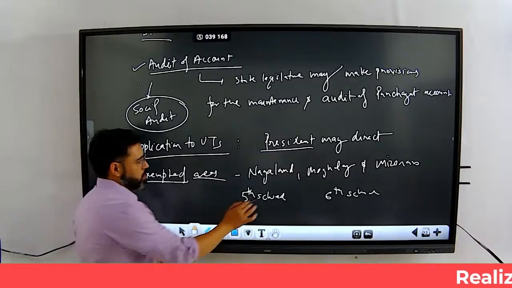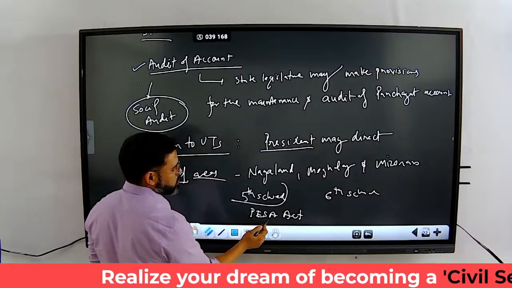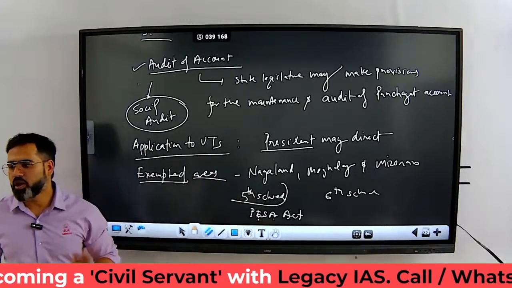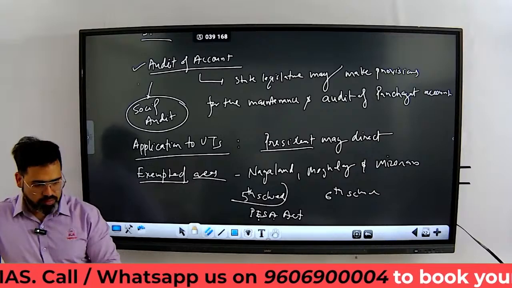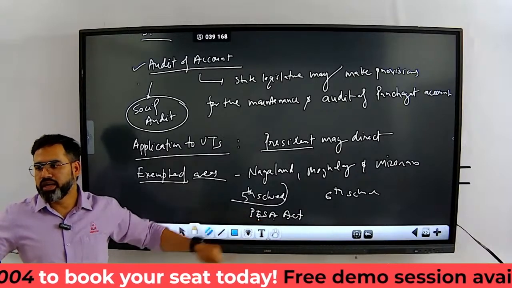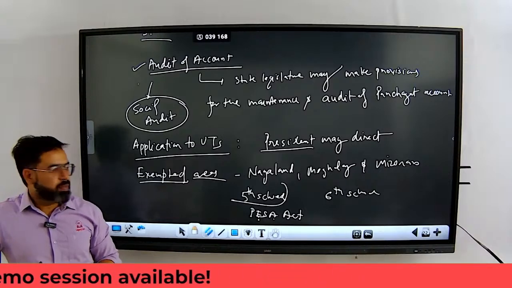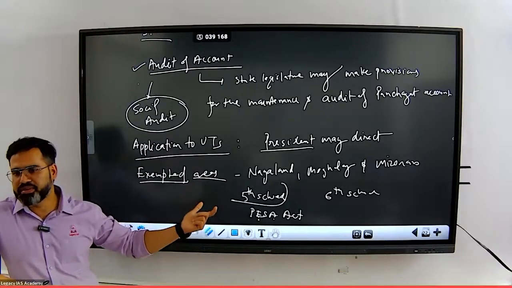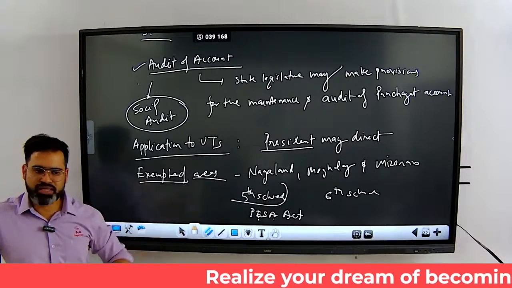Like in the 5th Schedule we have the PESA Act, the Panchayati Raj extension to the Scheduled Areas Act. So this will not be applicable there. Which are those other areas? 5th Schedule areas and 6th Schedule areas. 5th Schedule areas in mainland India are in 10 different states, and 6th Schedule areas are in 4 states. Clear?